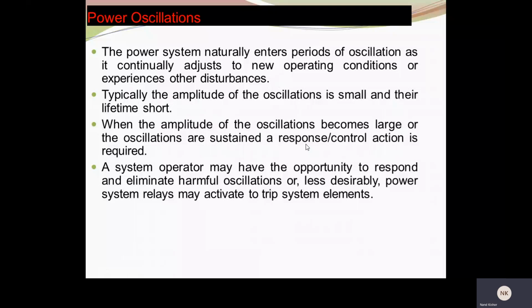So the power system operator will have the opportunity to respond to these oscillations, and thereby eliminate the harmful oscillations, or minimize or damp out these oscillations, right?